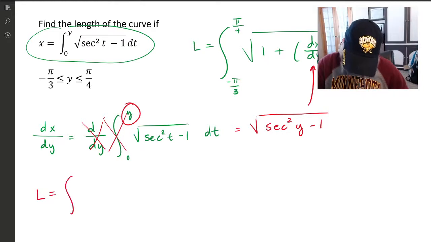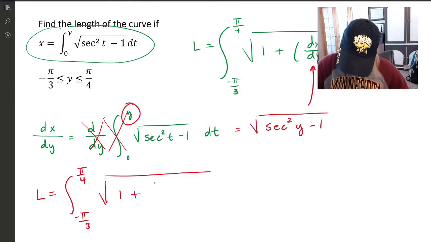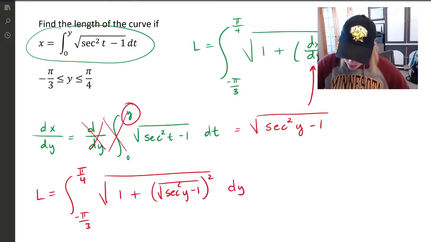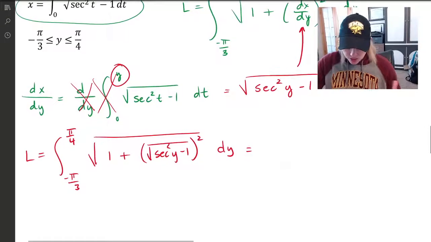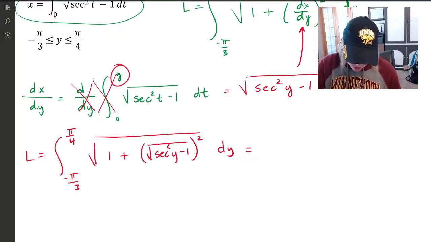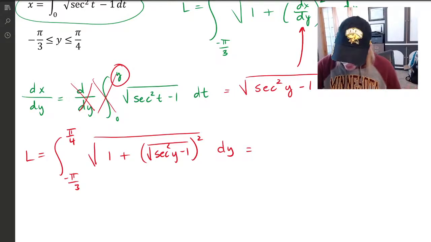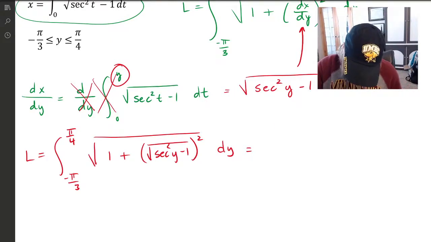So here we go, my length of curve looks like this: the square root of 1 plus the square root of secant squared y minus 1, squared. That's going to cancel, but this is what I'm going to show. Oftentimes by hand you'll see that square roots and squares will cancel, and we go as far as we can by hand to see what we get.